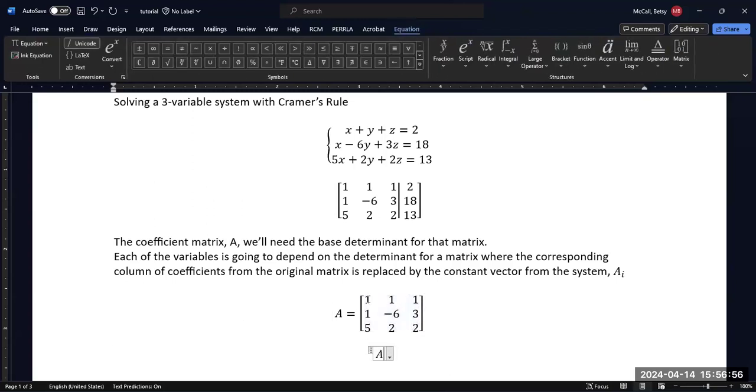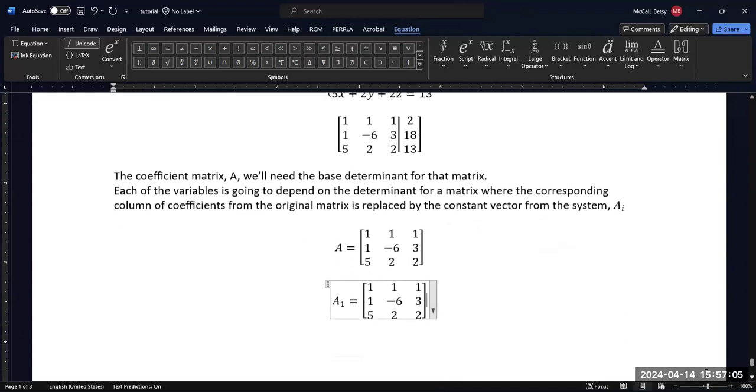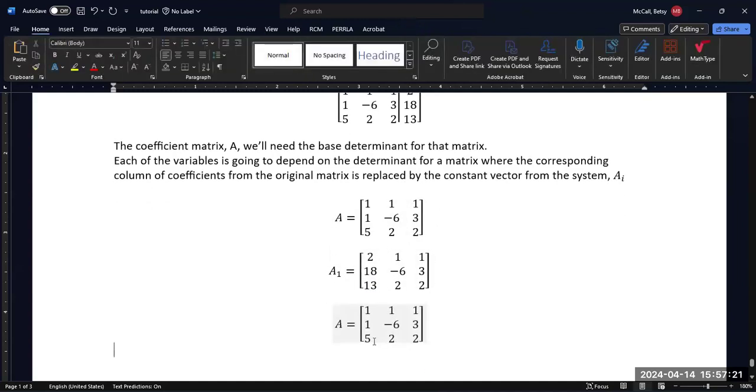Now, the A1 matrix is going to look exactly the same way, except we're going to replace this first column with these constants. So we're going to replace this with 2, this with 18, and this one with 13. The A sub 2 matrix is going to make the same swap, but in the second column.